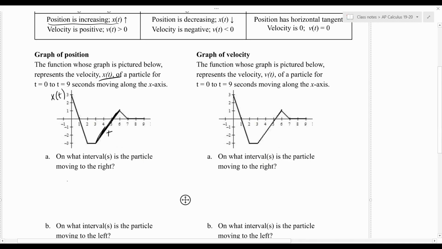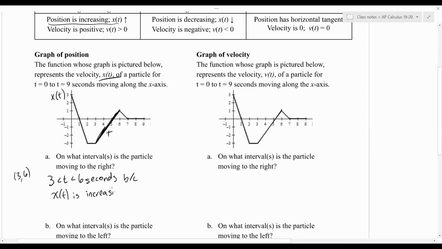So t is between 3 and 6, or you can write that in interval notation, 3 to 6 seconds, because x of t is increasing. Now we can't say because v of t is positive, because they don't give us v of t.